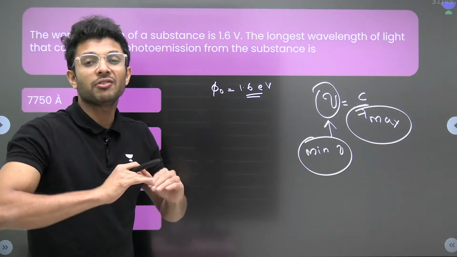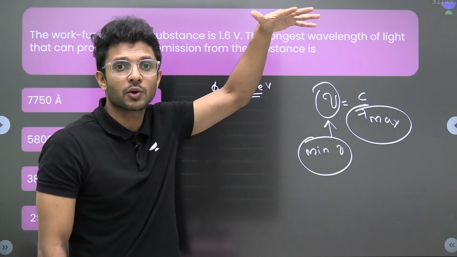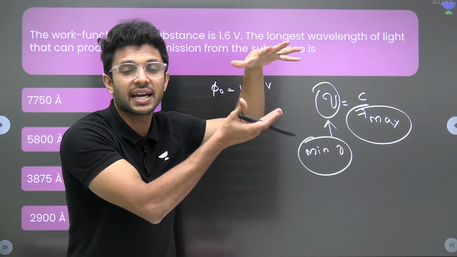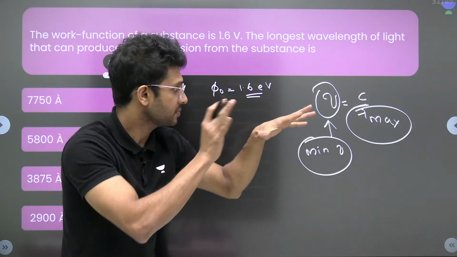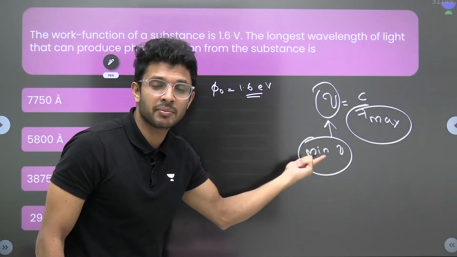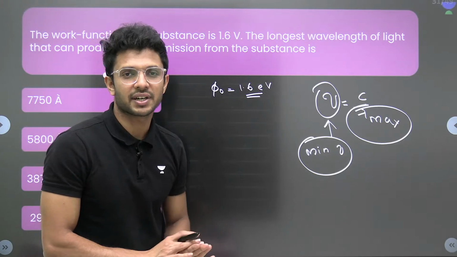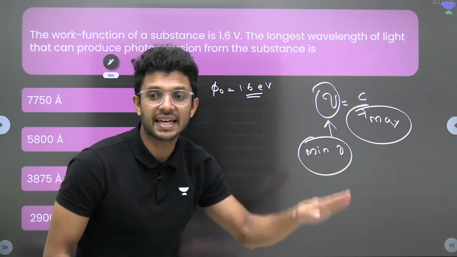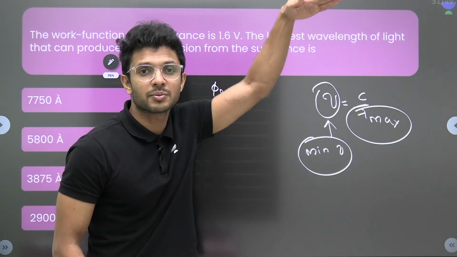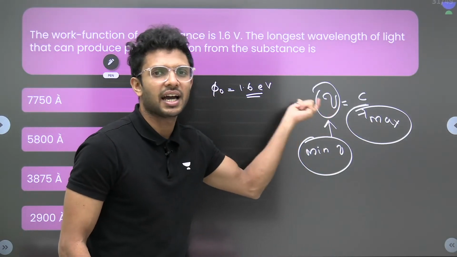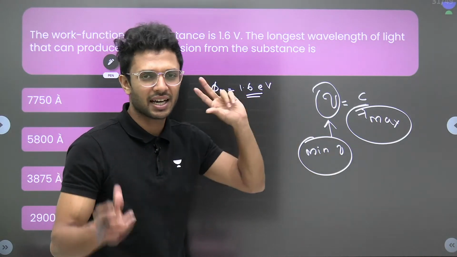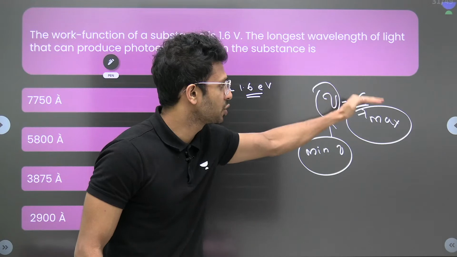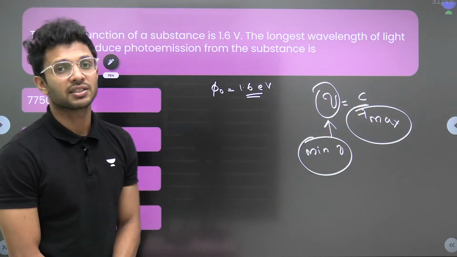Understood? If the wavelength is very large, then photoelectrons will be emitted or the photoelectric effect can happen. If the frequency is at the minimum value or greater than that, photoelectric effect happens. But wavelength is opposite. The wavelength should be at a higher limit or lesser than that, because as wavelength becomes lesser, frequency increases and energy increases. Are you getting the concept now? So for having minimum frequency, the wavelength should be maximum, and that maximum wavelength is the question.